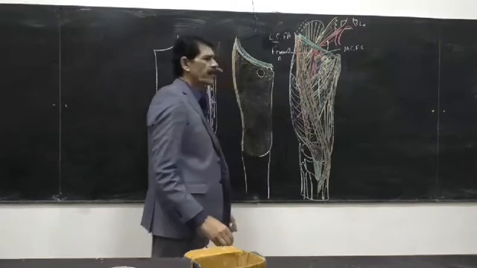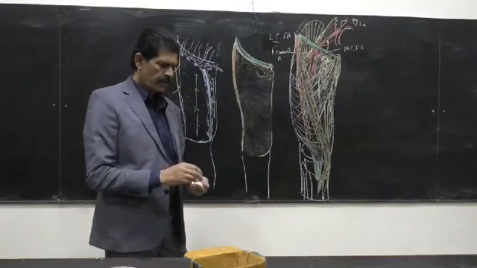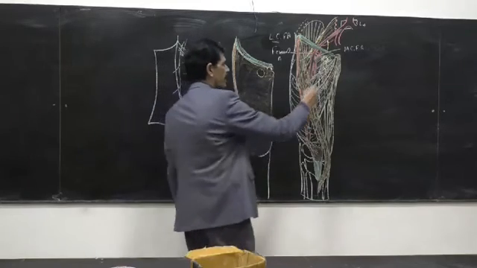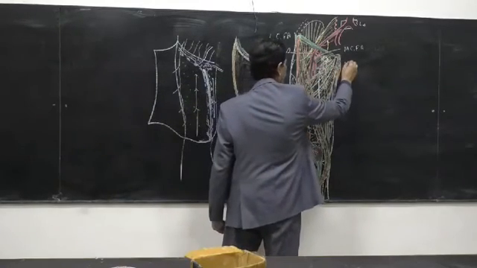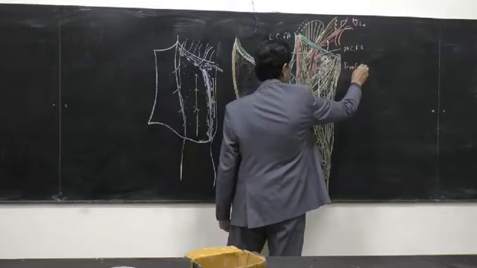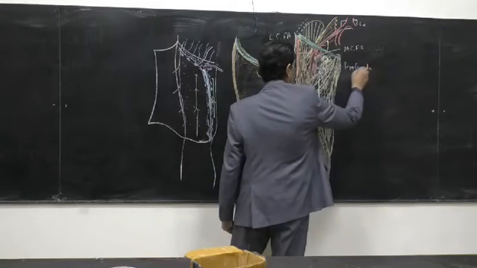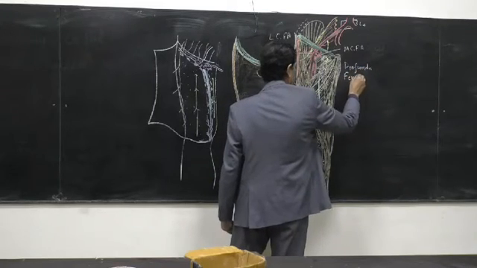This branch of the femoral artery is called the profunda femoris artery.